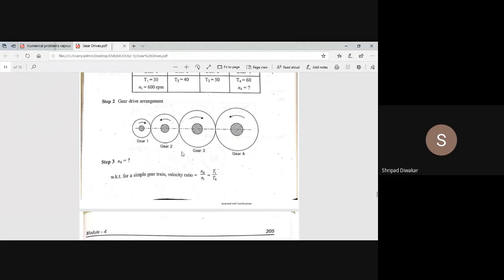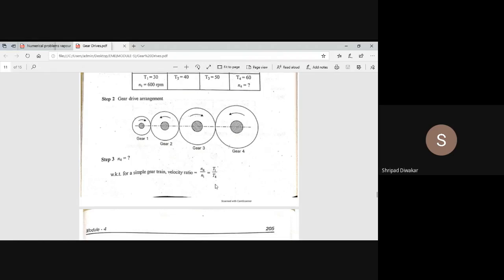Whatever gears exist in between are called intermediate gears. Speed ratio is always the speed of the last gear to the speed of the first gear, and also it is inversely proportional to the number of teeth. You have to write N4 by N1 equals T1 by T4. That is inversely proportional.